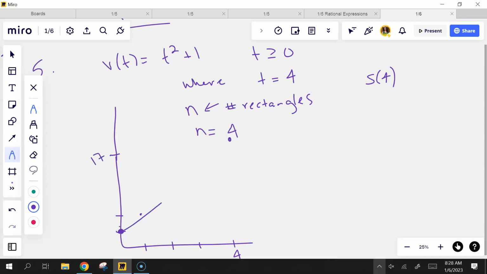Are y'all okay? Just pretend like that's my curve. This will be the point 1, 2. This will be the point 2, 5. This will be the point 3, 10. Y'all see where I'm getting these points? And 4, 17, because this is velocity.